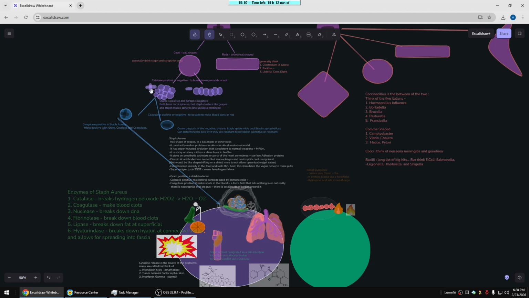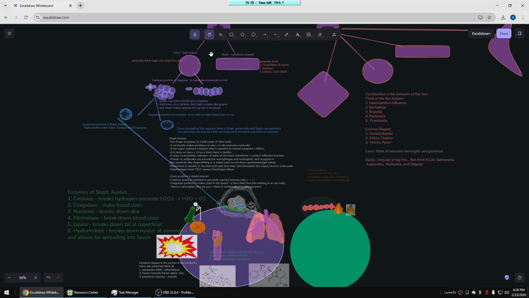Catalase is the enzyme used to break down peroxide, so H2O2 to oxygen and water. Staph can do that. It's triple positive: positive gram, positive catalase and positive coagulase. While strep cannot. Strep is like a centipede. You look at this centipede versus grapes.